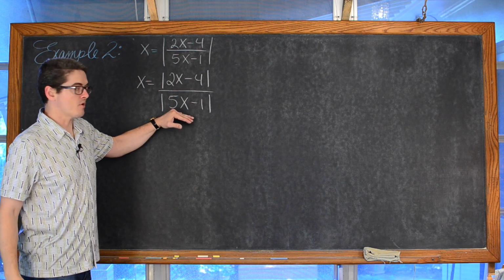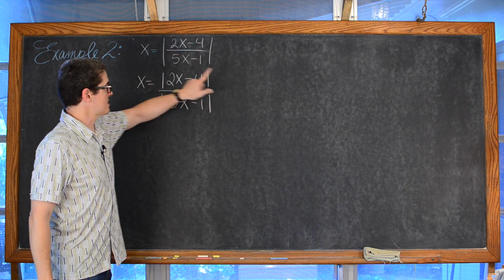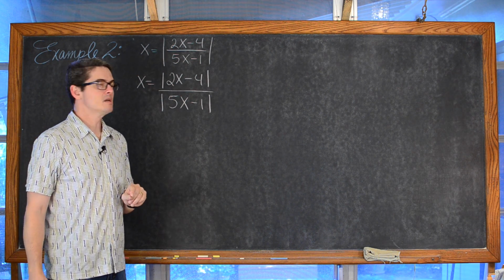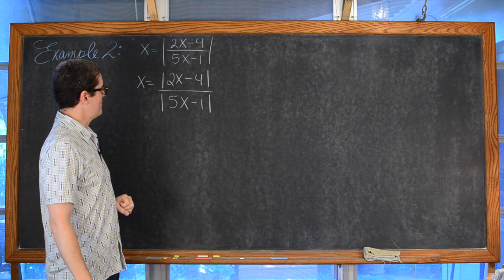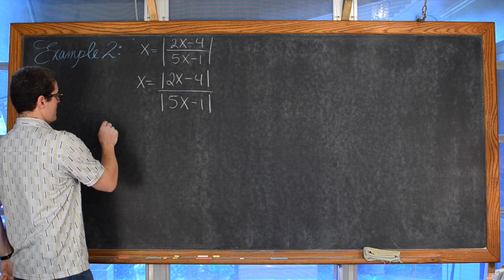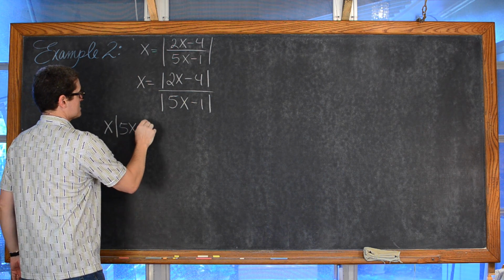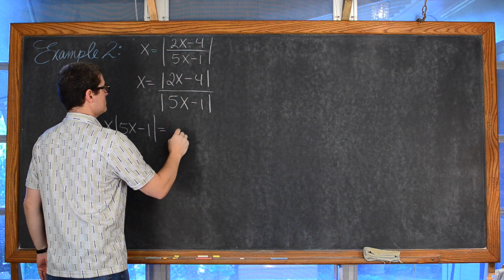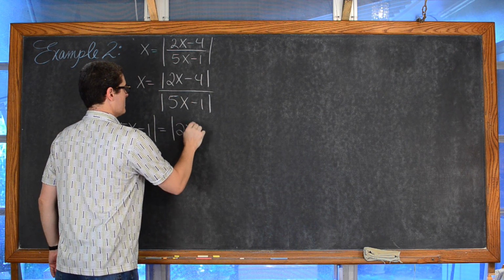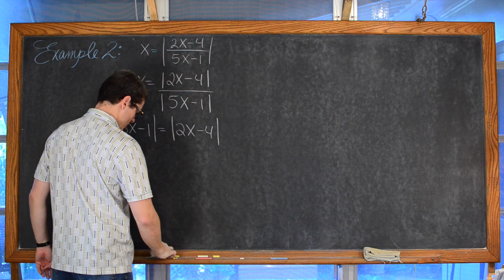Now we have this variable in the denominator, so we're going to multiply both sides of the equation by the absolute value of 5x minus 1, and we get x times the absolute value of 5x minus 1 is equal to the absolute value of 2x minus 4.